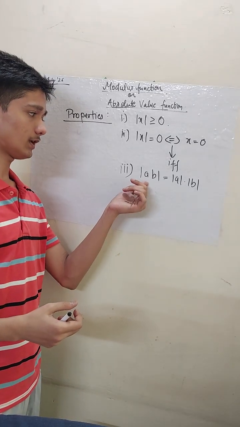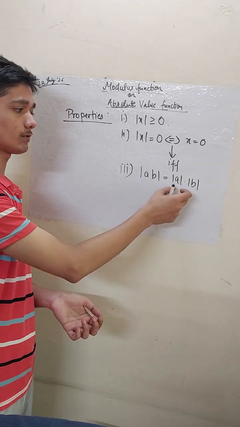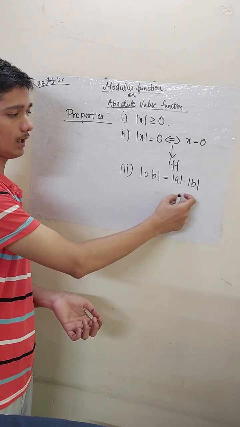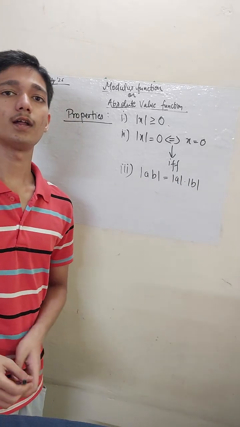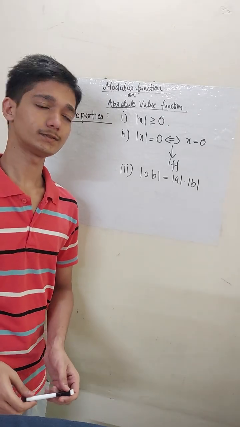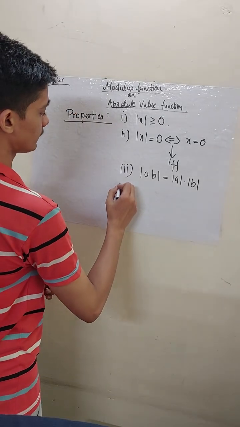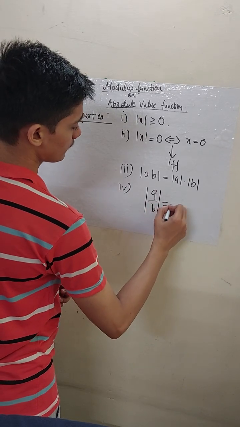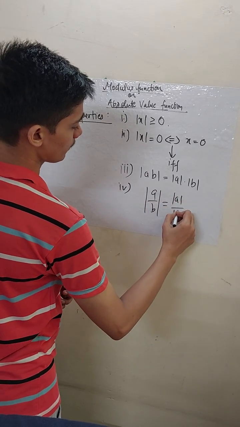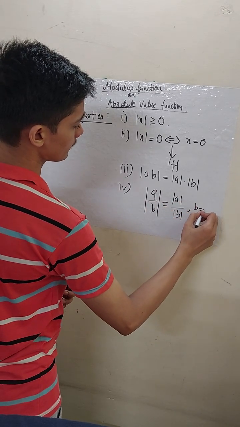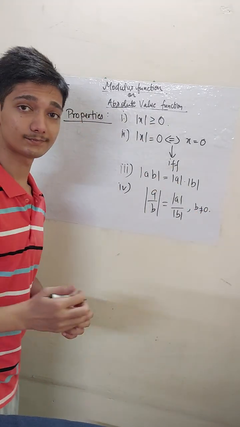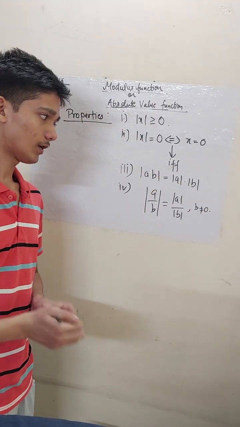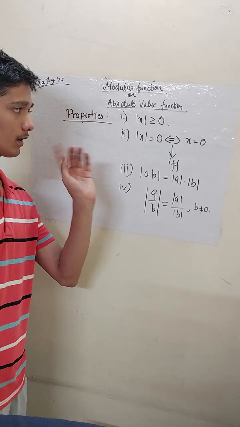Here we have AB, and it distributes on A and B. So it is also called the distributive property of the modulus function. Now the fourth one is mod A by B is simply mod A over mod B, given B is not equal to 0.